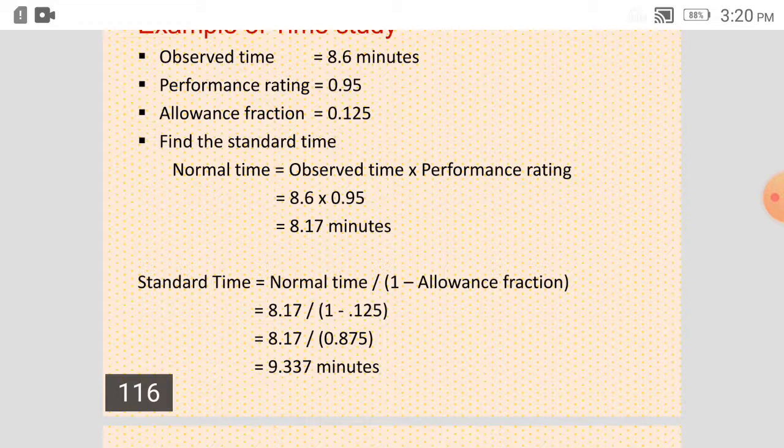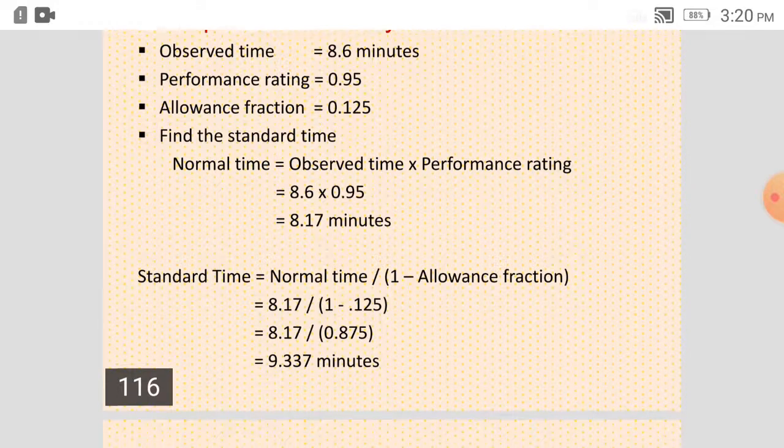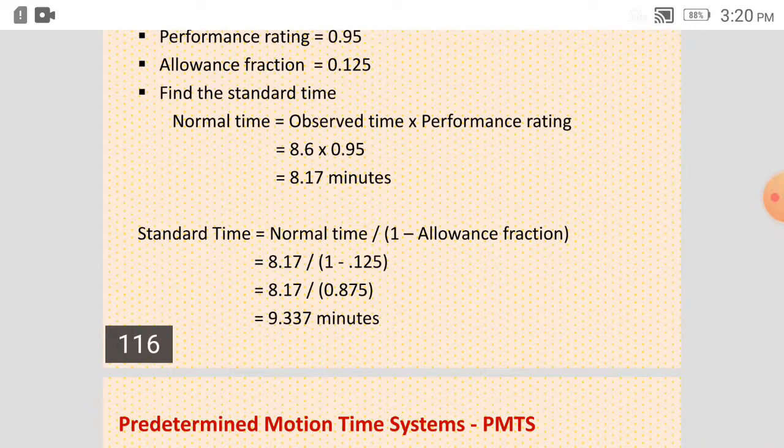So here we can find the standard time. How will we find it? Normal time is equal to observed time into performance rating, that we have already seen. 8.6 into 0.95 will be 8.17. Then standard time is normal time upon 1 minus allowance fraction, that is 8.17 upon 1 minus 0.125. It gives you 9.337 as the standard time.